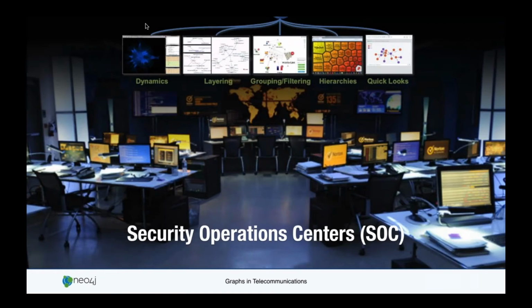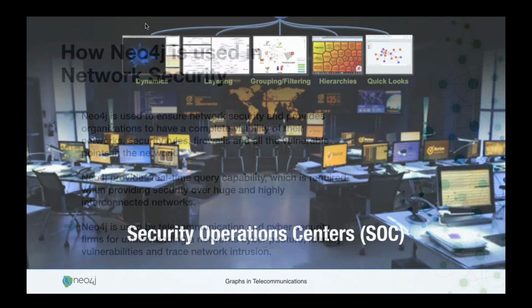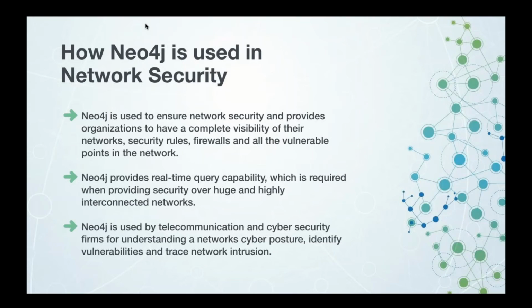And that is why Neo4j is used in network security. And first of all, as with network management, in order to perform efficient security management, you need a complete visibility of your topology as it relates to your security rules, your firewalls, your vulnerability, etc. And you can't really achieve that without graph technology.